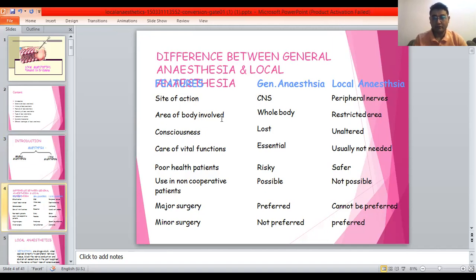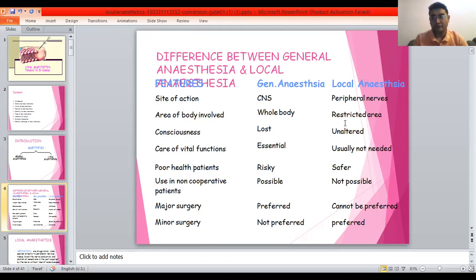Area of body involved. In general anesthesia, the whole body is involved, but in local anesthesia, just a restricted area of the body is involved. It is just a region, a local part of the body.